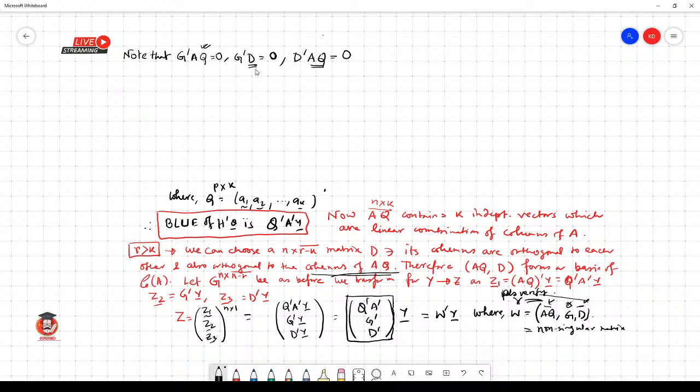and G belonging to the error space, and this part and this part form the basis of the column space of A. Hence, these are 0, and from this portion we can say that D prime AQ equals 0.